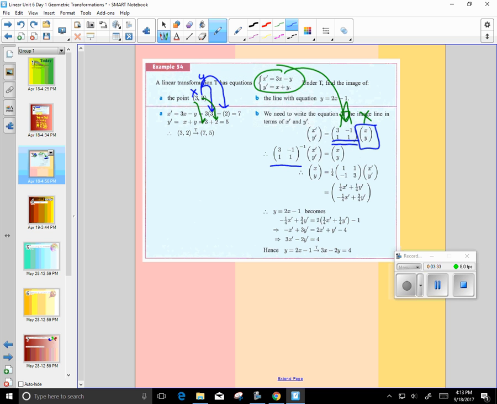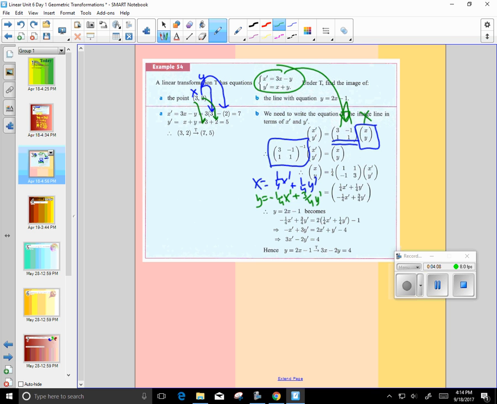And that's where the inverse comes from, and that's why you go 3 minus negative 1 is 4, 1/4. Switch the 1 and 3, change the sign of 1 and negative 1. And then you get the equation x equal to 1/4 x' plus 1/4 y'. And y will be equal to negative 1/4 x' plus 3/4 y'.